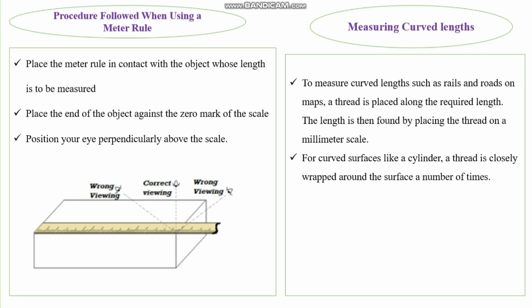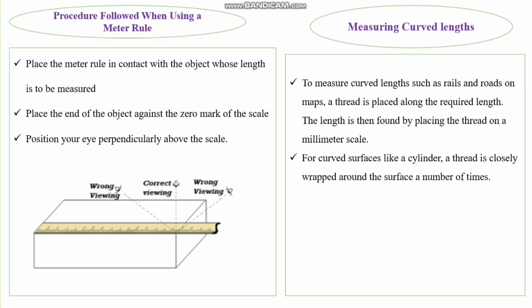You mark the beginning of the thread and place the initial part of the thread. Then you curve that thread around the object to be measured and mark the final point. Then you place the thread along the meter rule, and read the reading.